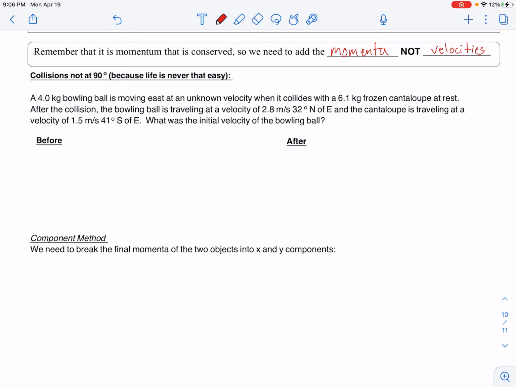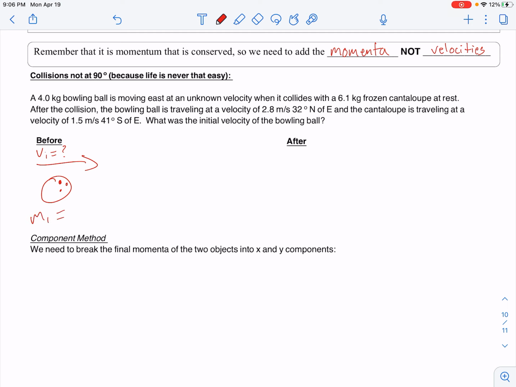But because we can't have nice things, we're also going to look at collisions that are not at 90 degrees. This is obviously more real world. So in this case, we have a 4-kilogram bowling ball moving with an unknown velocity. So we've got our bowling ball moving, initial velocity. We don't know it.